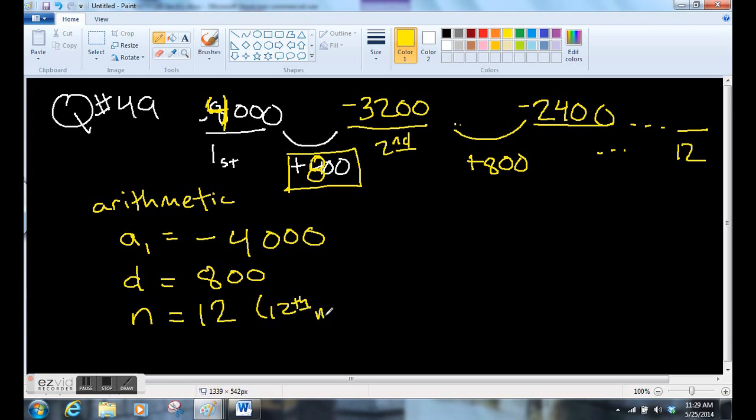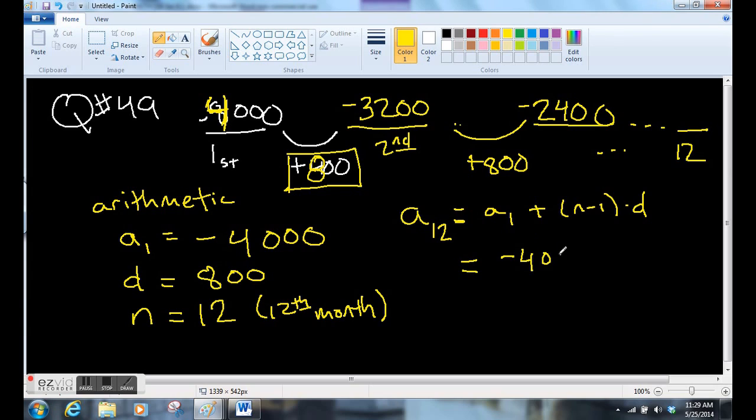12th month. So we're going to use the same formula. So we have A12, that's the 12th month, is equal to here's the formula, A1 plus n minus 1 times the common difference. So this is -4,000 plus n minus 1 is 12 minus 1. Some of you are thinking, that's 11. Yes, it is.